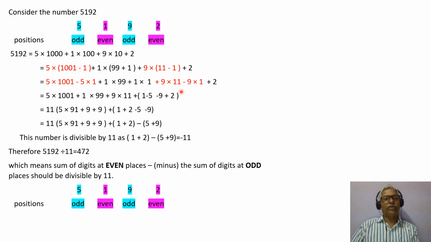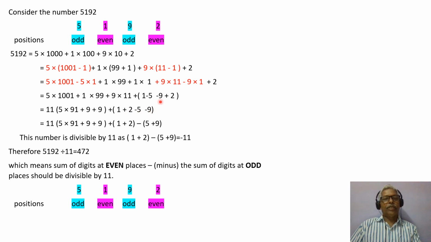I kept them in a bracket. These are all the terms we have taken. Okay, so now again I am taking 11 common from this. Left is 5 into 91 plus 9 plus 9. Okay, now see, I am taking some plus terms together, rearranging them. 1 plus 2 minus 5 minus 9.